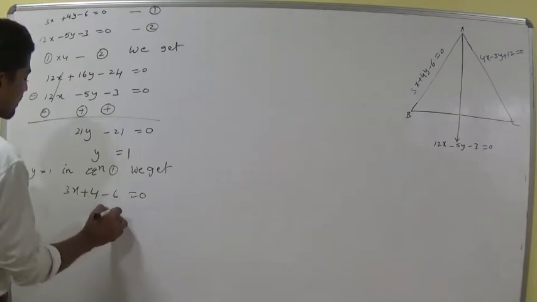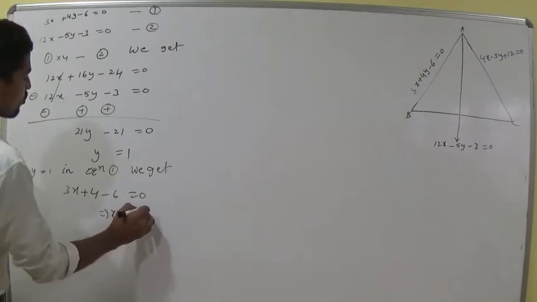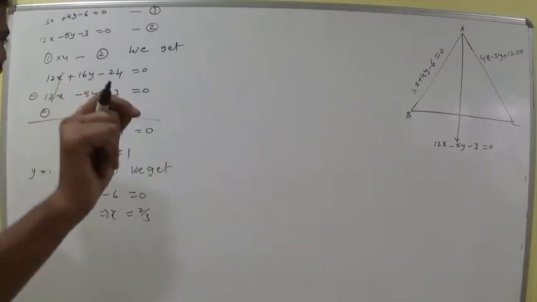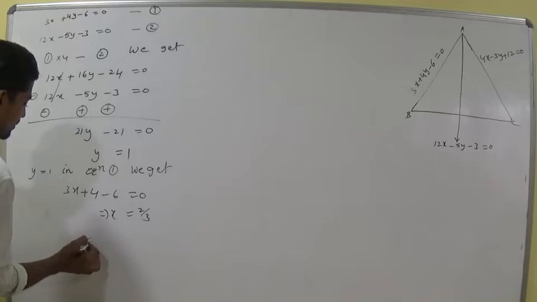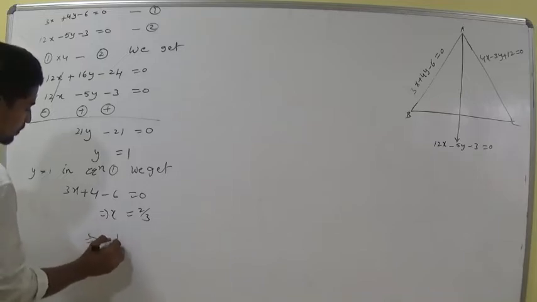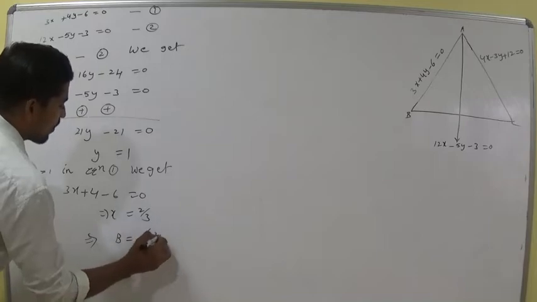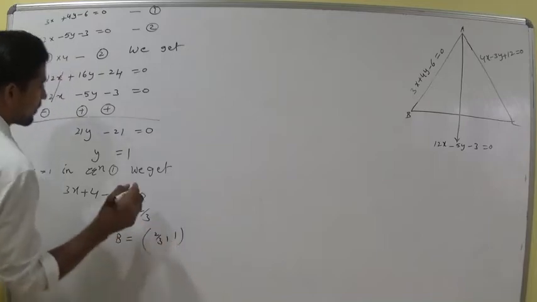That implies x = 2/3. So the coordinates of B are (2/3, 1).